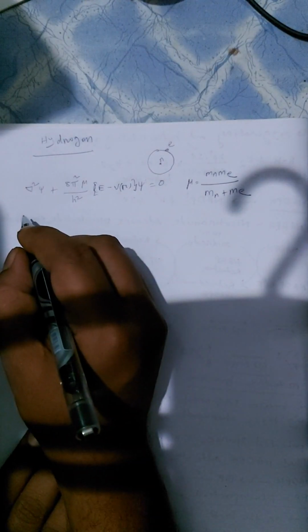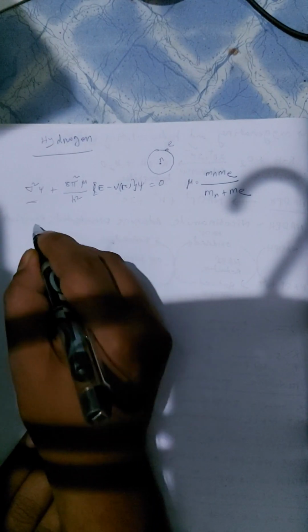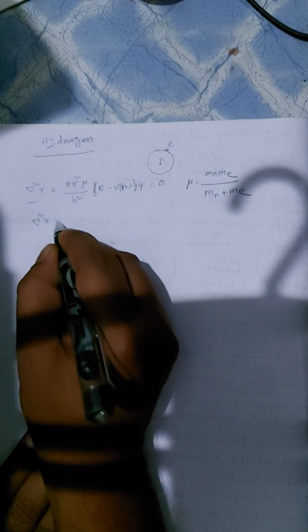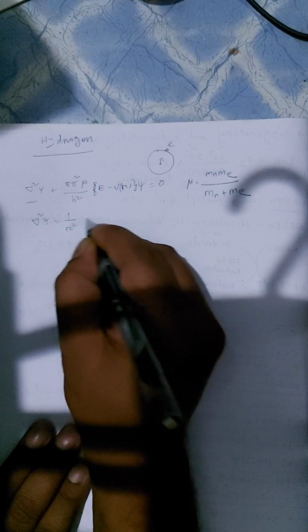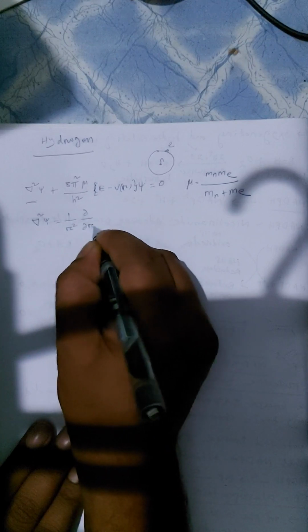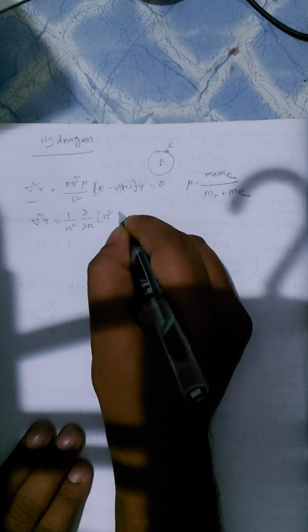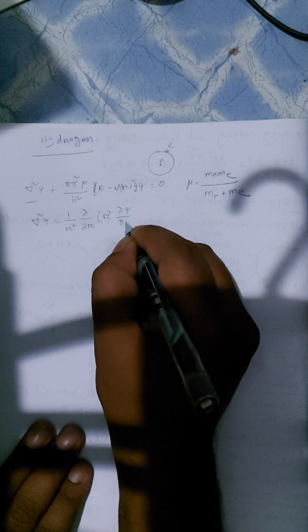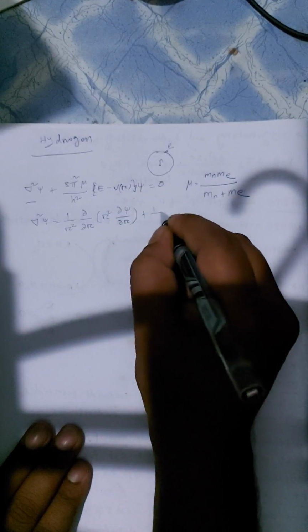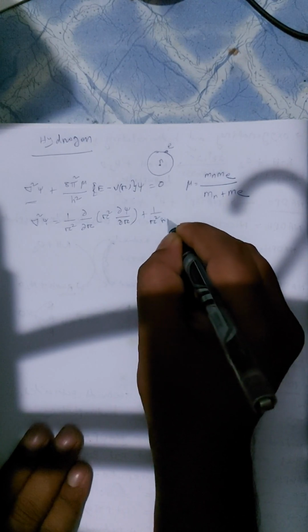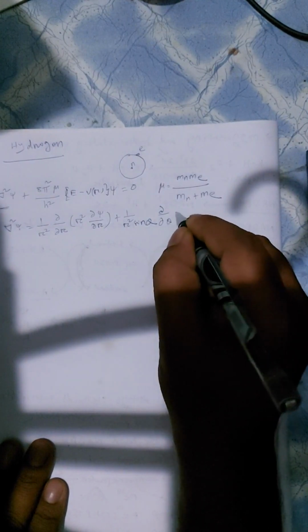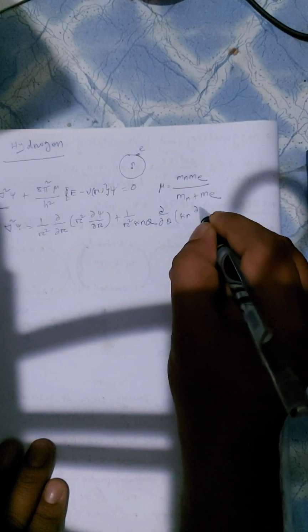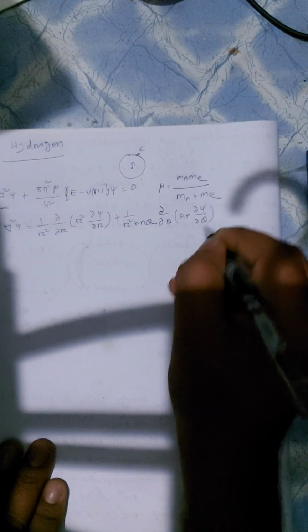We know del square, how do we know this del square psi? The del square psi is equal to 1 by r square, dou by dou r, r square dou psi by dou r, plus 1 by r square sin theta, dou by dou theta, sin theta dou psi by dou theta, that we already know.